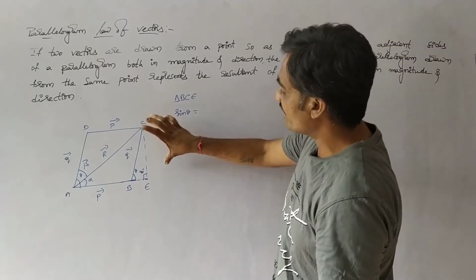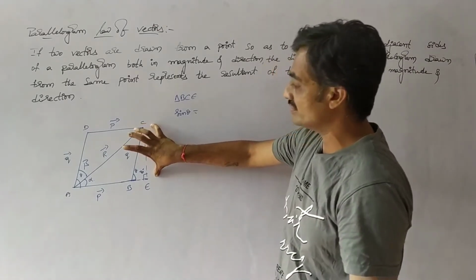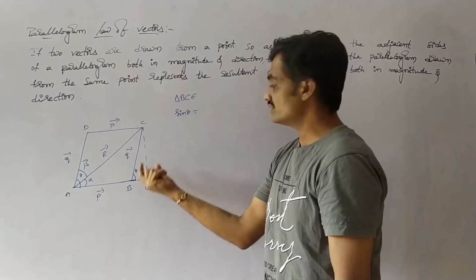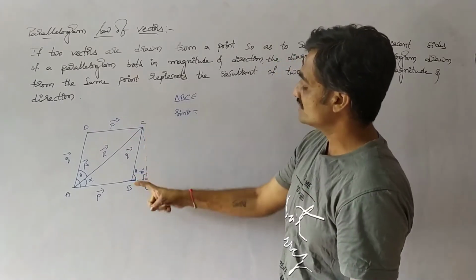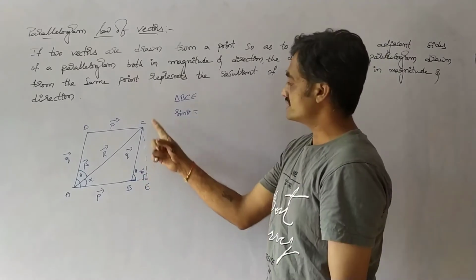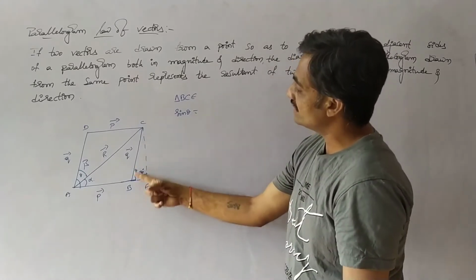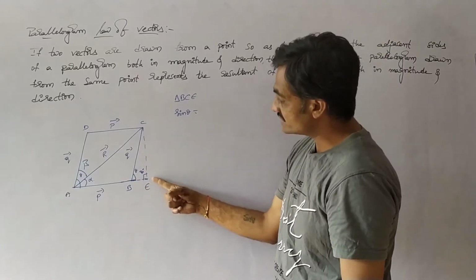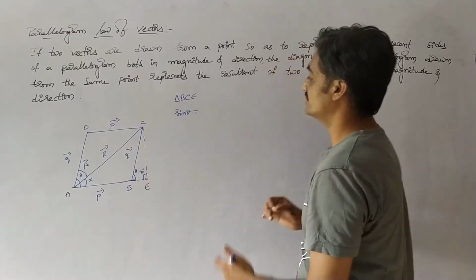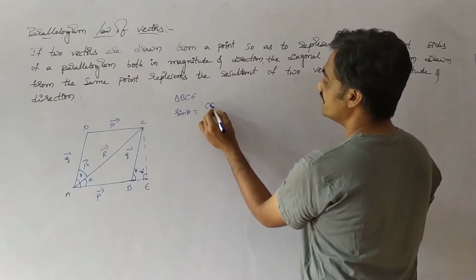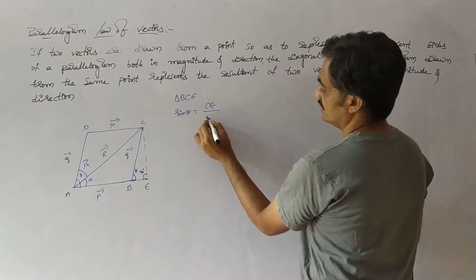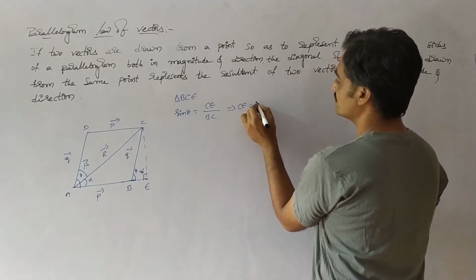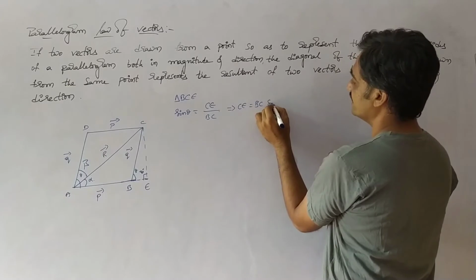Because we have to find the magnitudes of CE as well as BE, which we don't know. To find them, we consider sin theta and cos theta. Here sin theta equals CE by BC, and so CE equals BC sin theta.